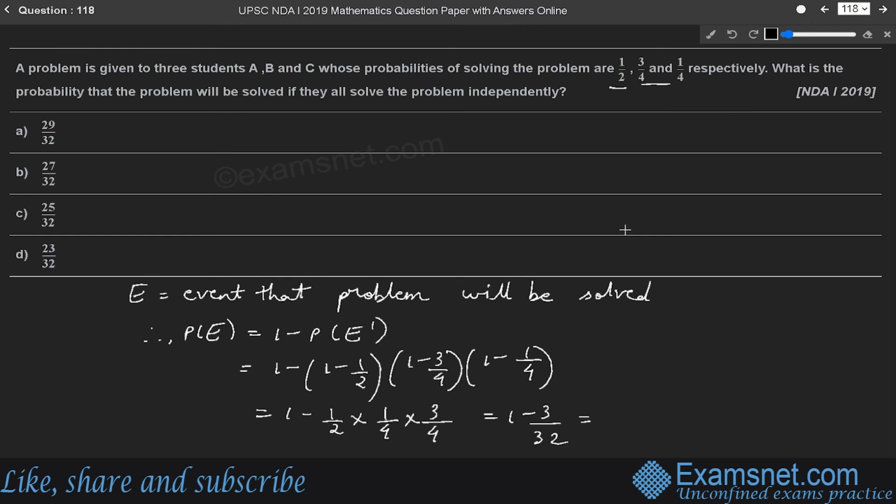On further taking the LCM, it will be equal to 29 upon 32. So this is the required probability that the problem will be solved if they all solve it independently. The correct option here is option number A, which is 29 upon 32.